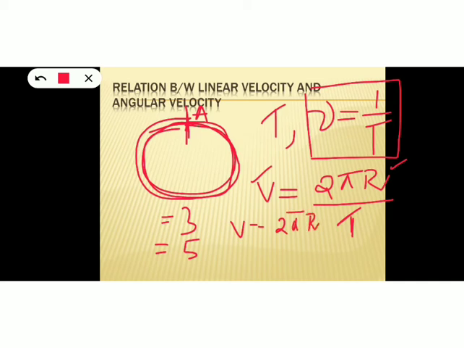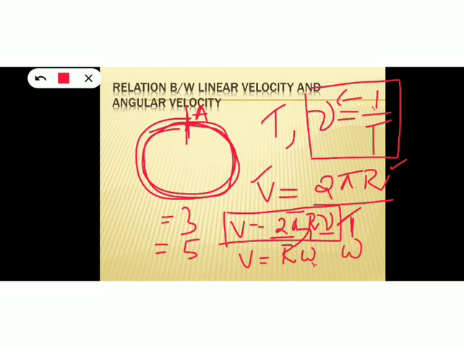And what is 1 by T? 1 by T is frequency nu. So here, instead of 1 by T we can write 2 pi r nu. So this is the velocity expression in terms of nu: 2 pi r nu. And we had already studied an expression that v is equal to r omega. So whenever you compare both the expressions, you will understand that instead of r we have r here, and instead of omega we have 2 pi nu here.